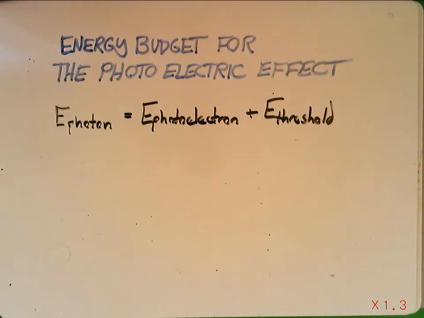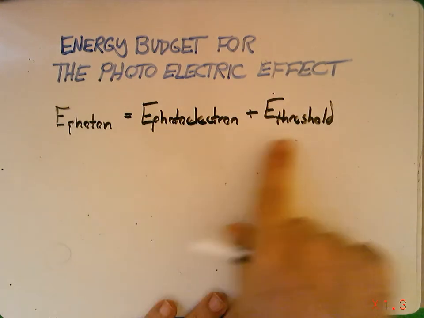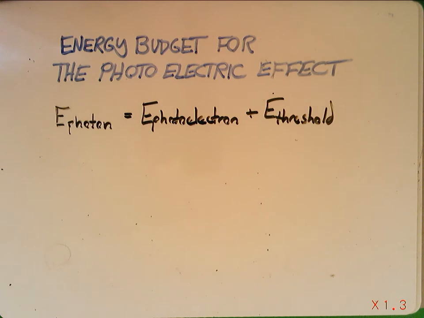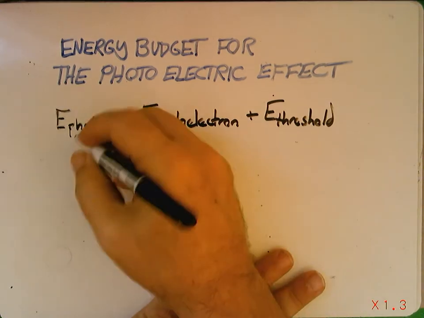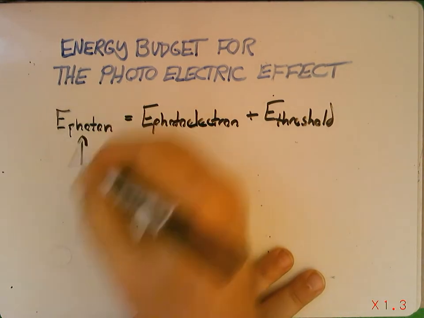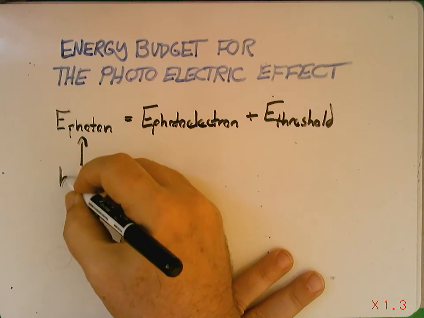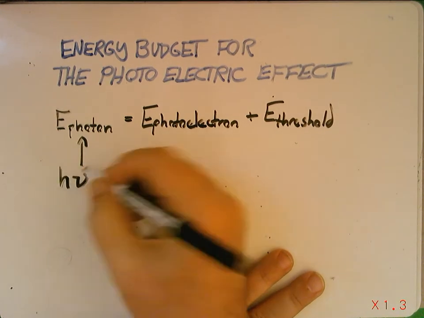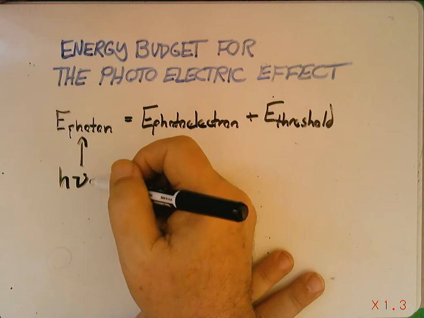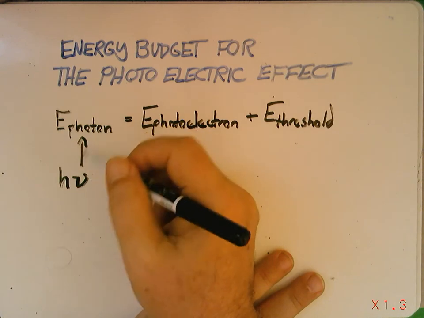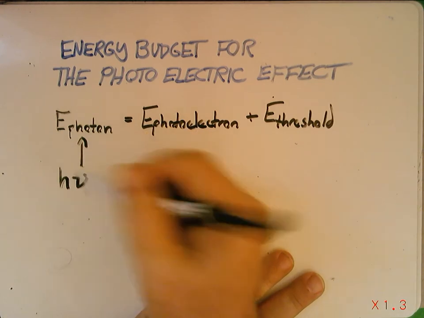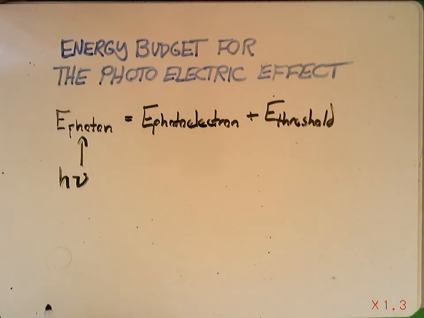Now, you can either be given or be asked to calculate these things in different ways. We know that the energy of the photon is equal to Planck's constant times the frequency. So if they give you a frequency, you can calculate the photon energy just by multiplying Planck's constant times the frequency they give you.